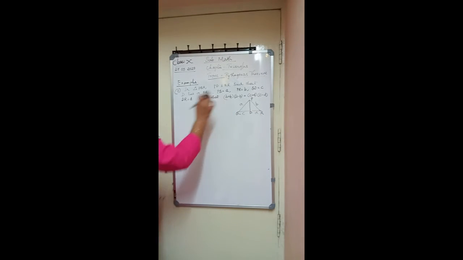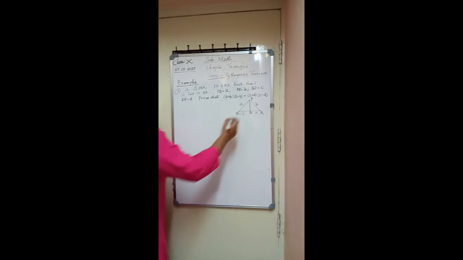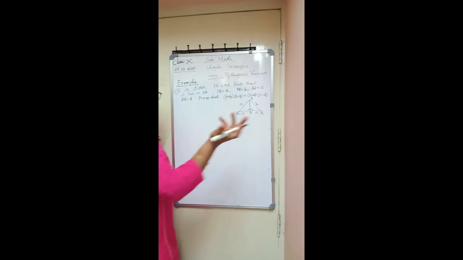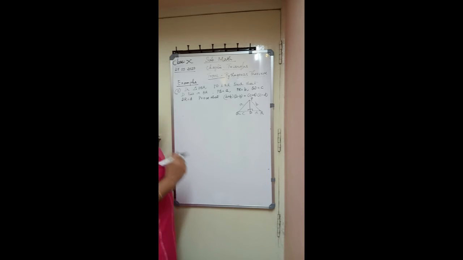We have to prove that (a plus b) into (a minus b) equals (c plus d) into (c minus d). Now here you have to apply Pythagoras theorem. Obviously this PD is perpendicular to DR, so we will apply Pythagoras theorem.